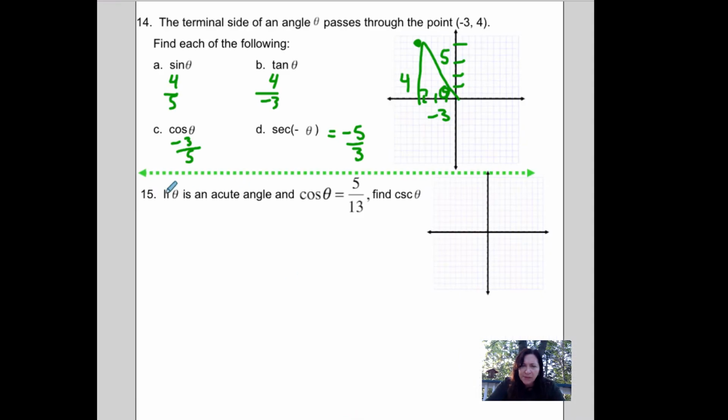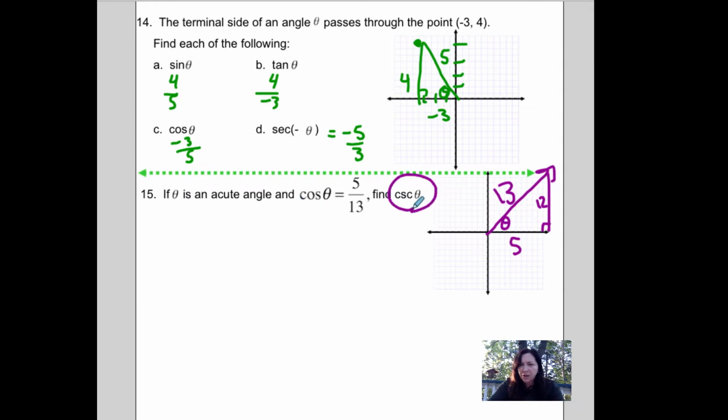For this one, it says if theta is an acute angle and cosine of theta. Now remember, acute angles are always in the first quadrant because they're less than 90. So cosine being adjacent over hypotenuse, this is another triplet. This is a 5, 12, 13.